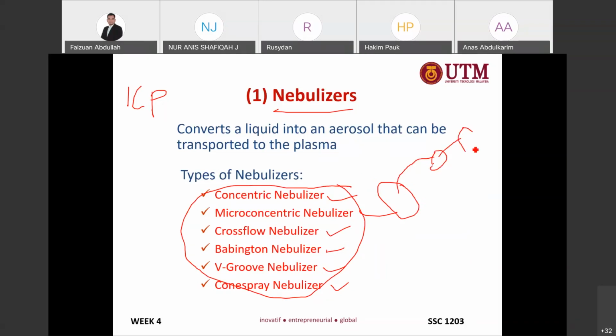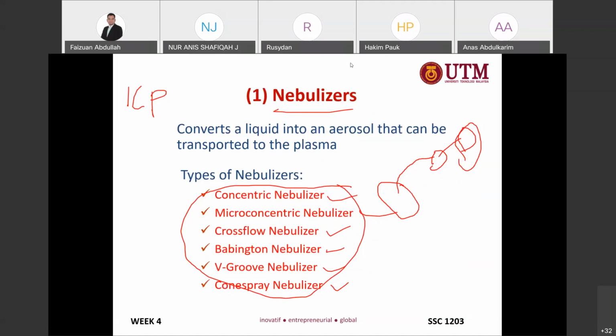What happens if we don't transform all the liquid sample into aerosol type, into very small droplets of the liquid? If we don't transform, the sample will not completely burn in the plasma. Maybe some of the sample will drop somewhere.